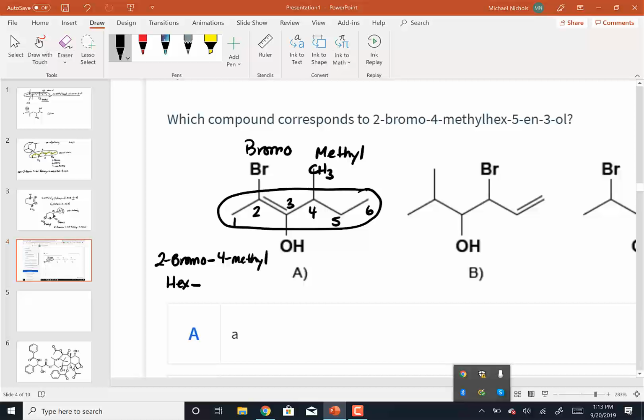The alcohol comes last. It has the highest priority, so it comes last. So I'm going to have a hex 2-ene 3-ol. So that would be 2-bromo, 4-methyl, hex 2-ene 3-ol.